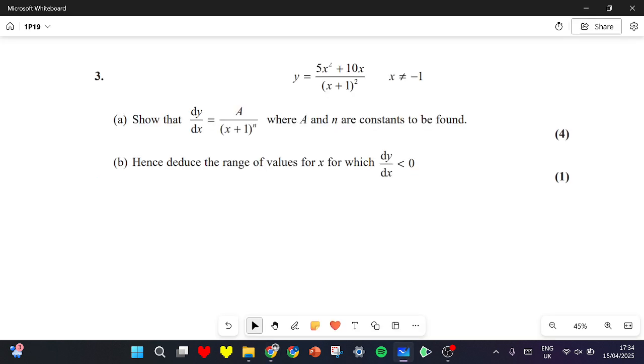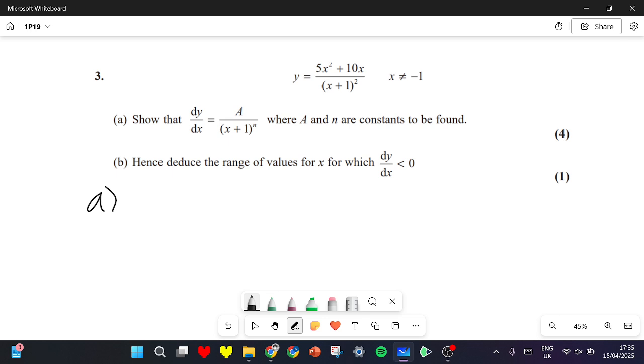Okay, so for this one, you need to use the quotient rule, I think.